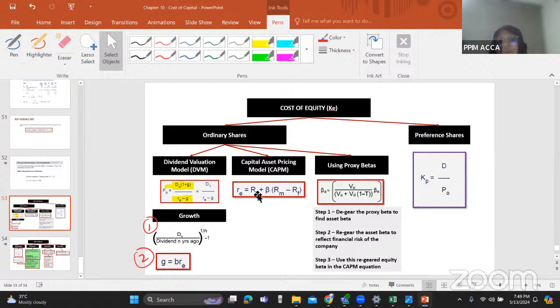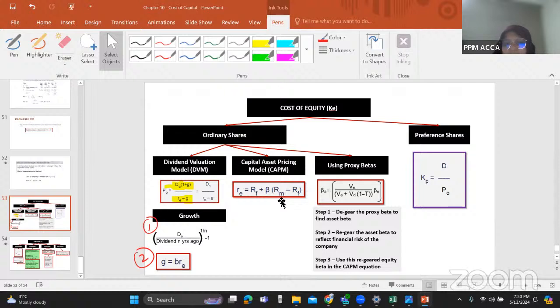We assume that when it comes to a government treasury bill, the risk is very low. Okay, that plus beta, I'll explain beta in another place, multiplied by RM minus RF, where RM means the return in the market. Okay, so risk-free rate is for a treasury bill.